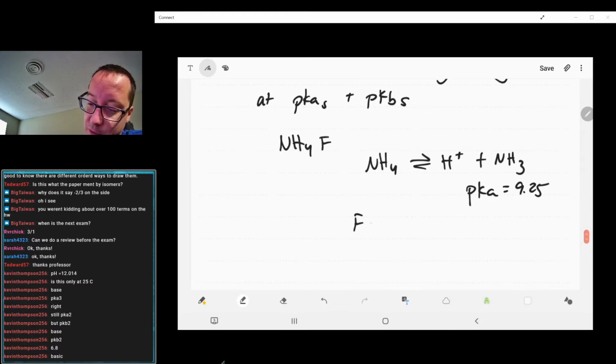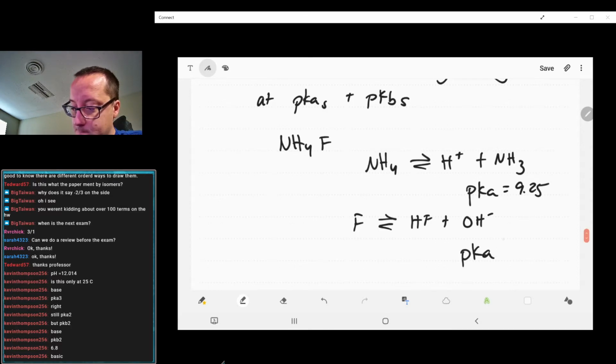We see that fluoride can act as a base. I'm just omitting the water if that's okay. Oops, sorry. The pKb is 14 minus the pKa of HF.